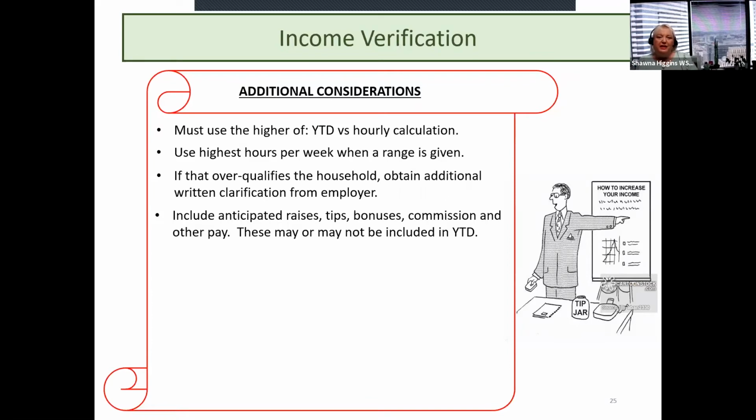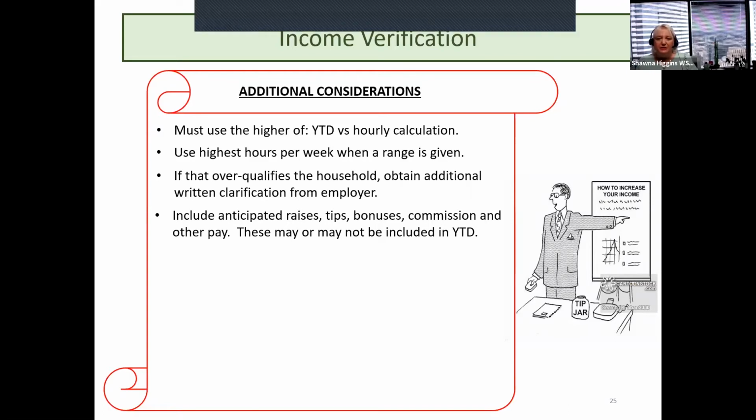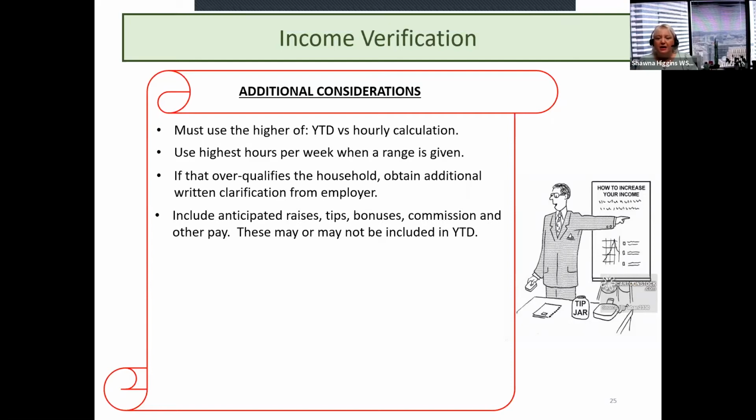And you're going to want to include the anticipated raises, tips, bonuses, commission, and any other kind of pay. So these may or may not be included in the year to date. On our form, it does ask if it's included in the year to date. So you'll definitely want to look and see if it's checked yes or no down there.